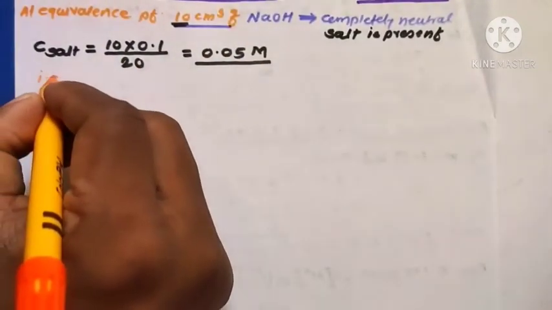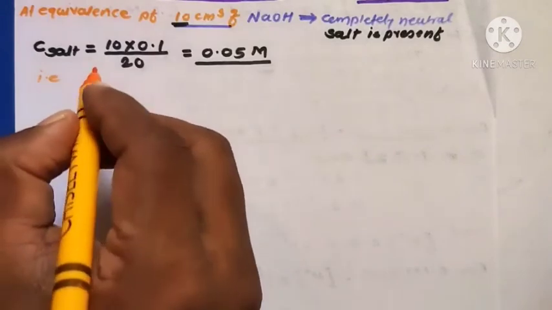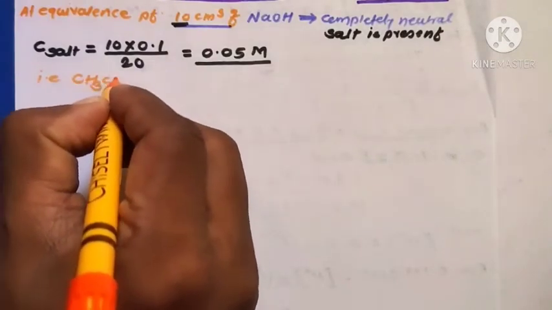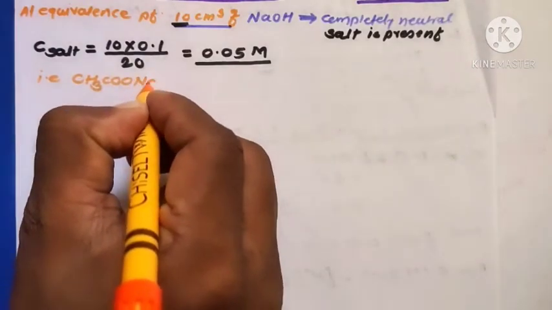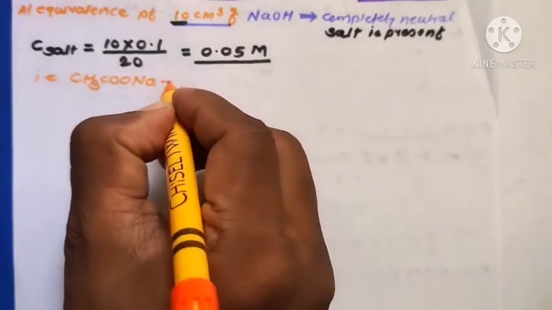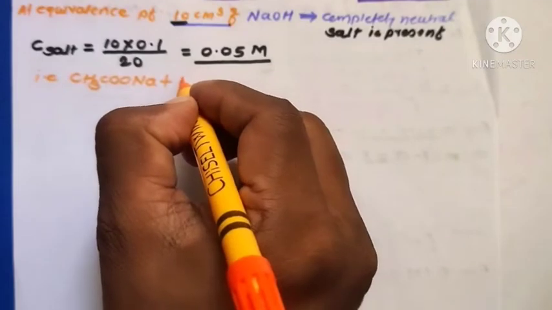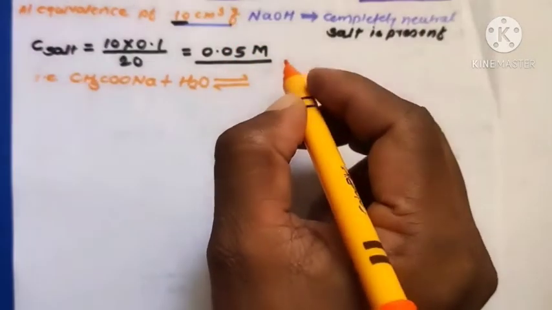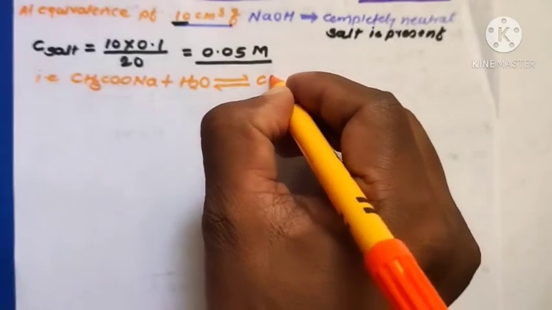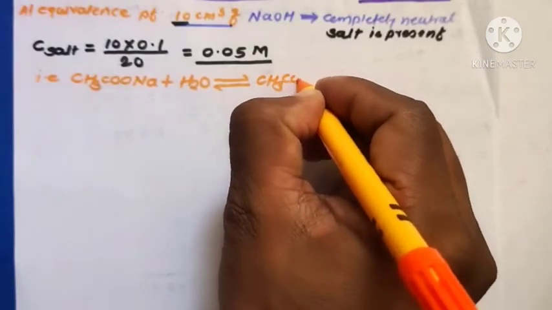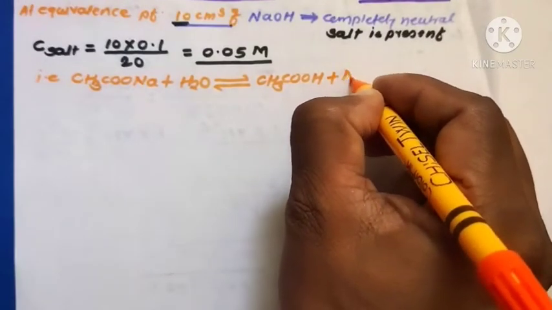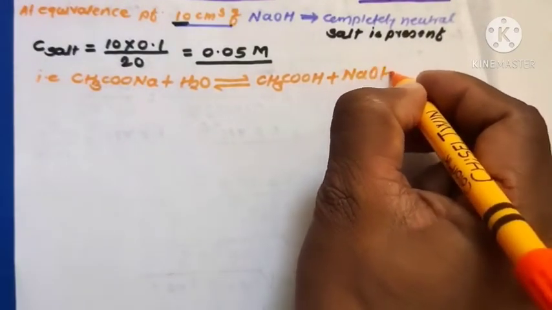Now CH3COONa reacts in presence of H2O, forming acetic acid, CH3COOH plus NaOH.